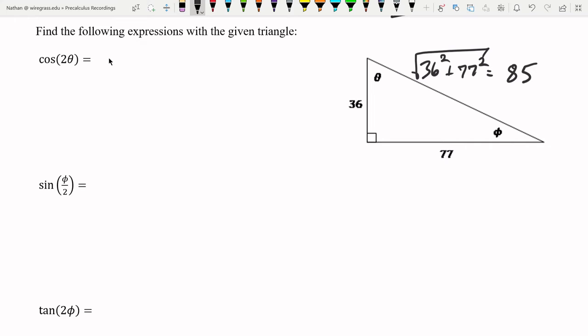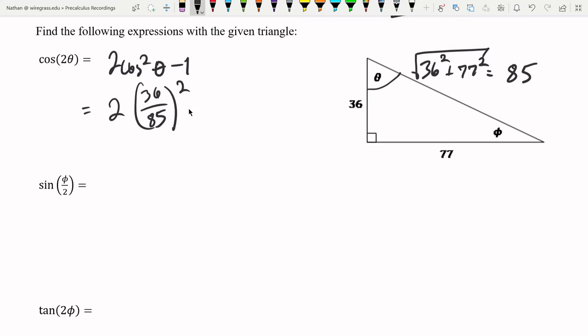I'm going to do 2 cosine squared theta minus 1 just for something more unique. So this one says this is theta here. So cosine of this is going to be adjacent, 36, over hypotenuse, 85. So we're going to get 2 times adjacent over hypotenuse squared minus 1.